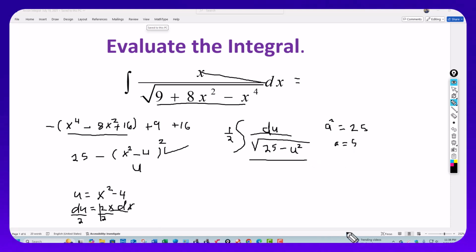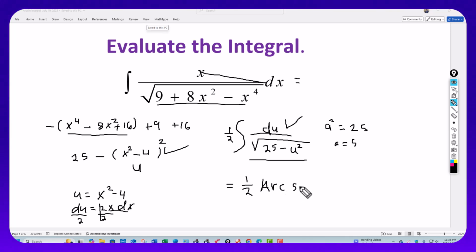And we can go directly to the answer. The fact that we have a 1/2 over here doesn't matter, because we just use this formula, and whatever constant is over here multiplies that answer. So the 1/2 comes along for the ride. I'm going to write it as arcsin. You can use arcsin or inverse sine.